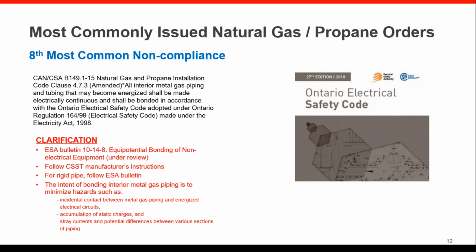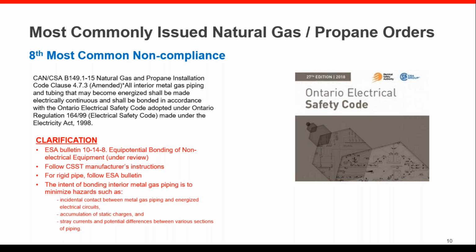Natural gas and propane installation code: all interior metal gas piping and tubing that may be energized shall be electrically continuous and shall be bonded in accordance with the Ontario Electrical Safety Code. And so the intent here is that we don't want people to be faced with shock hazard inadvertently or otherwise, having incidental contact with live piping that might have been energized.